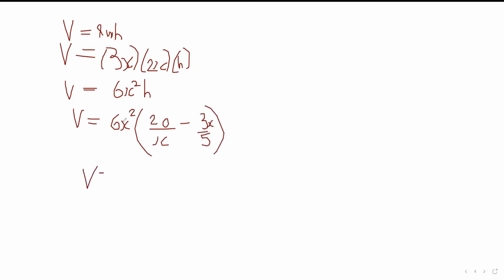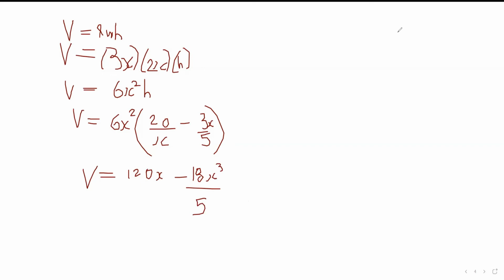So volume works out to be this: the x cancels out the x from here. That is 120. x squared over x is x, so 120x minus 6 times 3 is 18, so that's 18x cubed over 5. This is the volume formula.